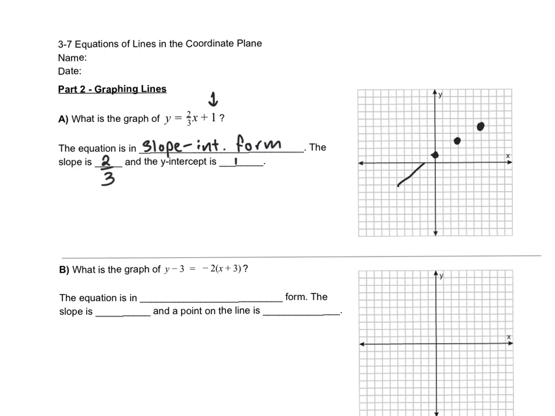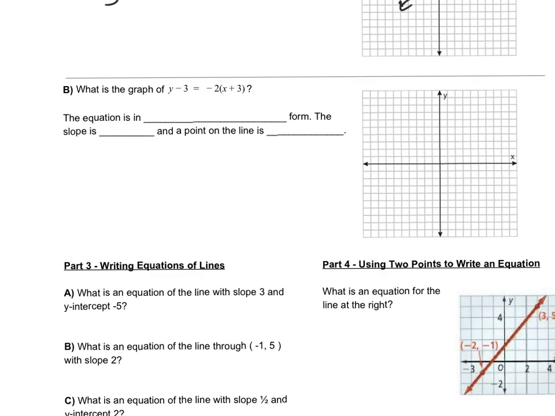So our graph will look like this. All right. And on the second one, in this one, we have the graph of y minus 3 is equal to negative 2x plus 3. This equation is in point-slope form, all right?